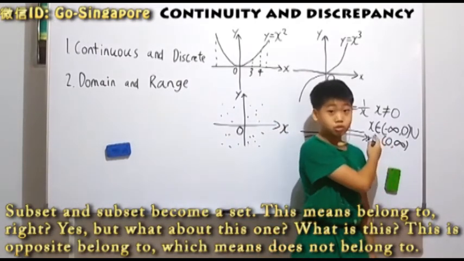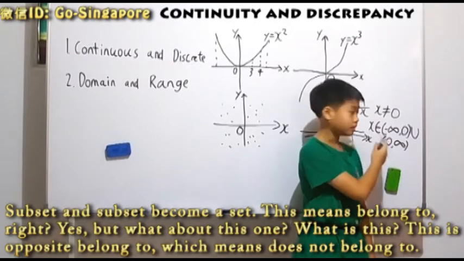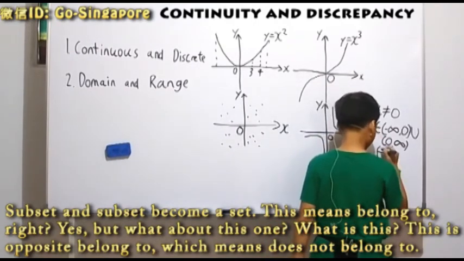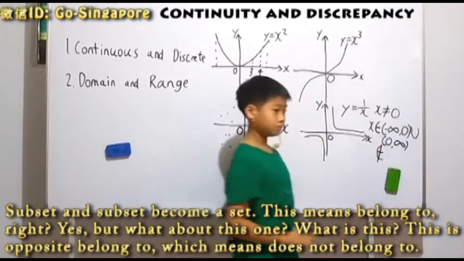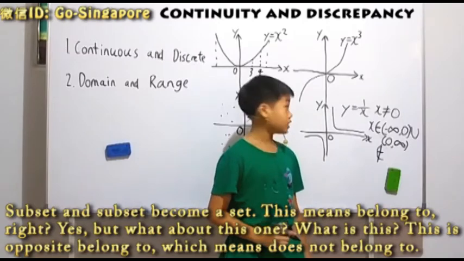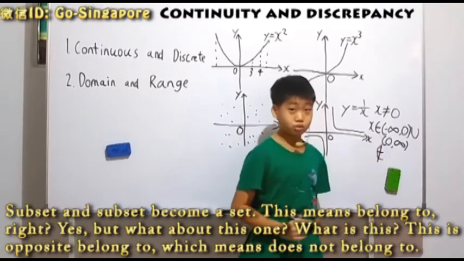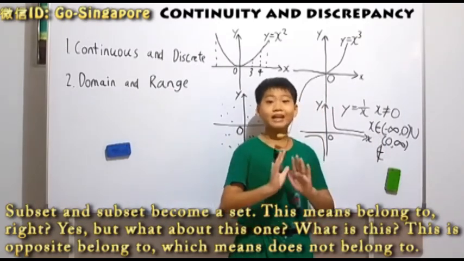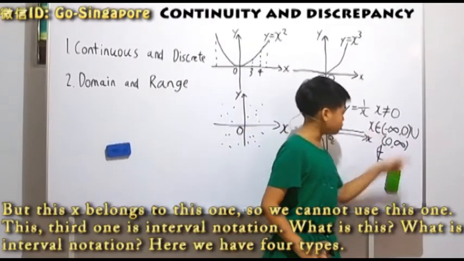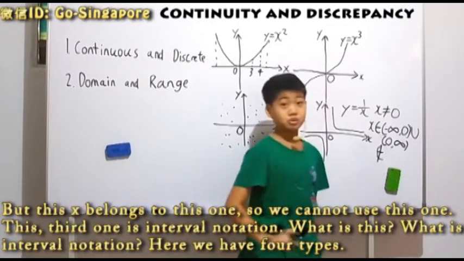This means belongs to, right? Yes. But what about this one? This is the opposite of belongs to, which means it does not belong to. But this x belongs to this one, so we cannot use this one.